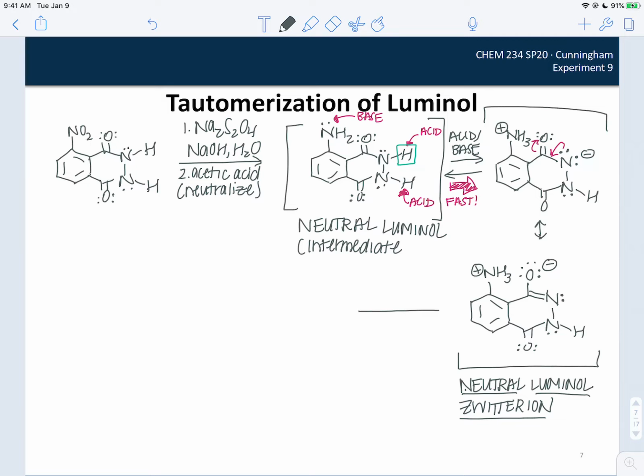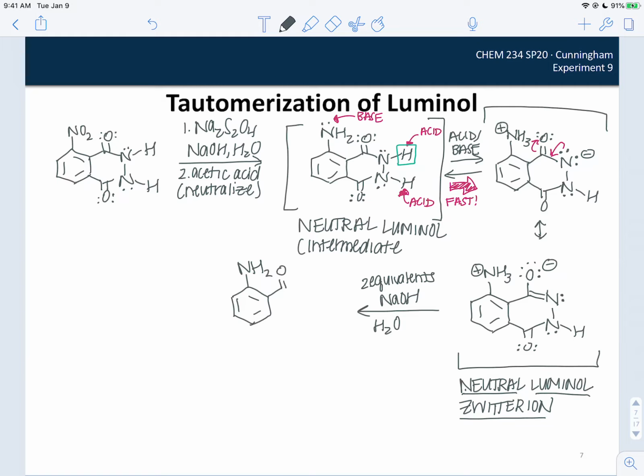Now when we add in our sodium hydroxide, at least 2 equivalents of sodium hydroxide, and this is aqueous, so it's going to be in water, we end up generating basic luminol. And basic luminol is a really important intermediate for us to consider.